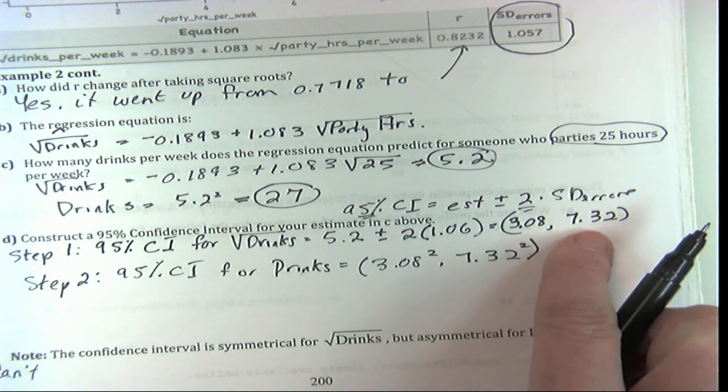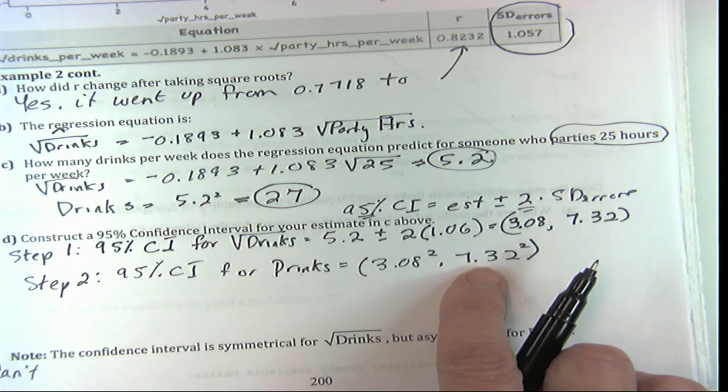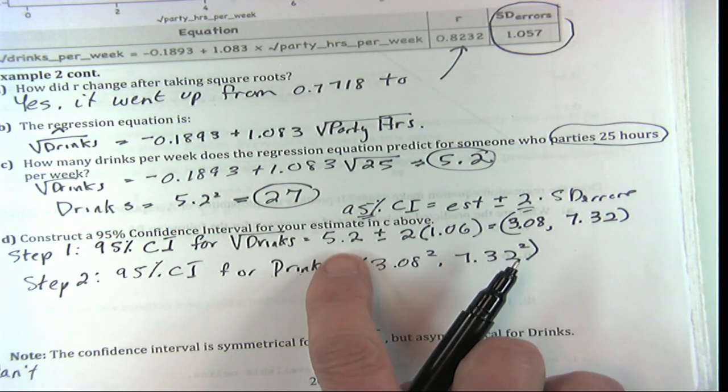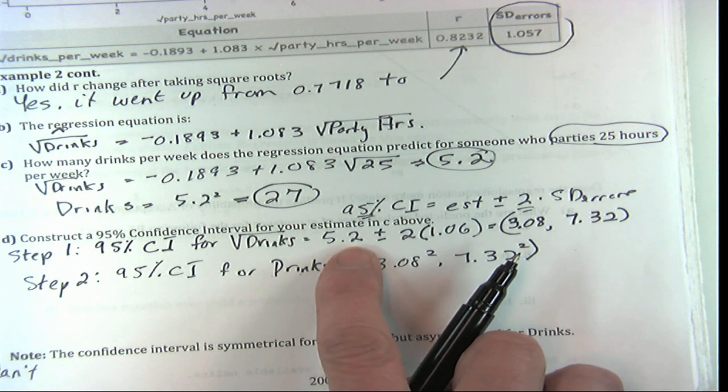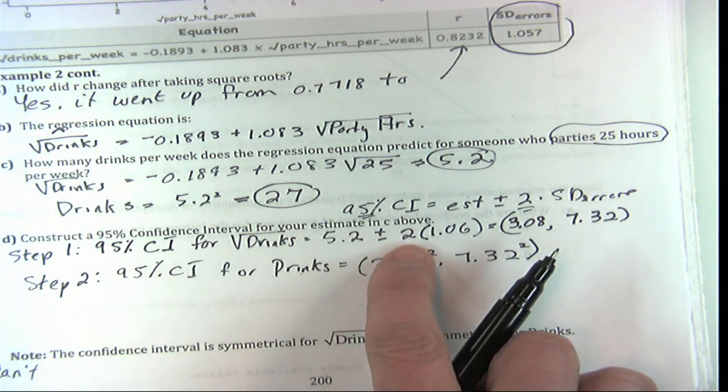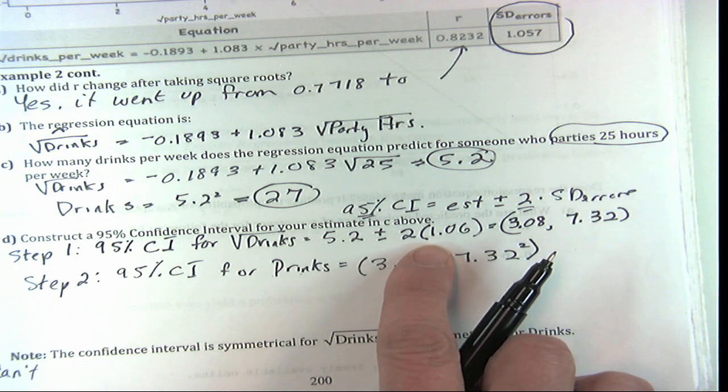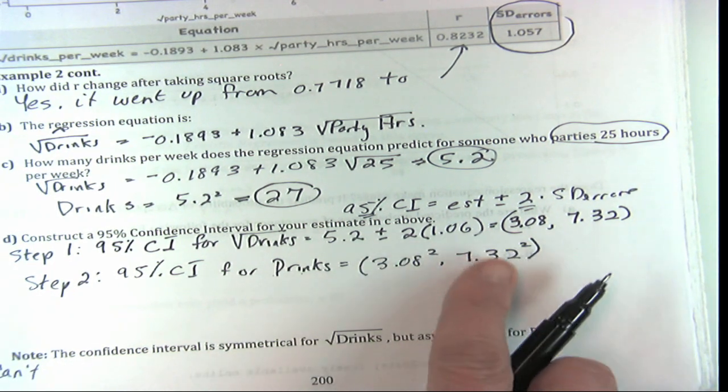First, you have to get the endpoints and then square them. That's not the same thing as saying 5.2 squared plus or minus 2.12 squared. It's not the same thing.